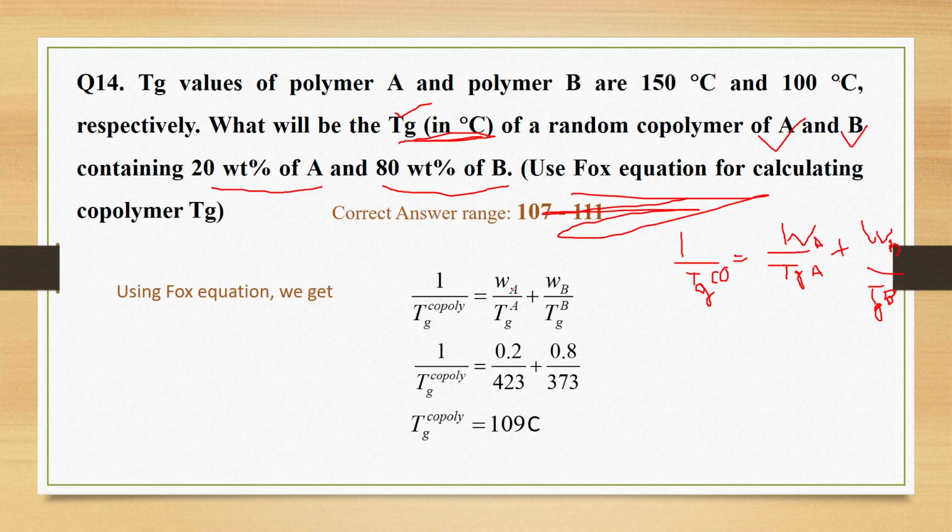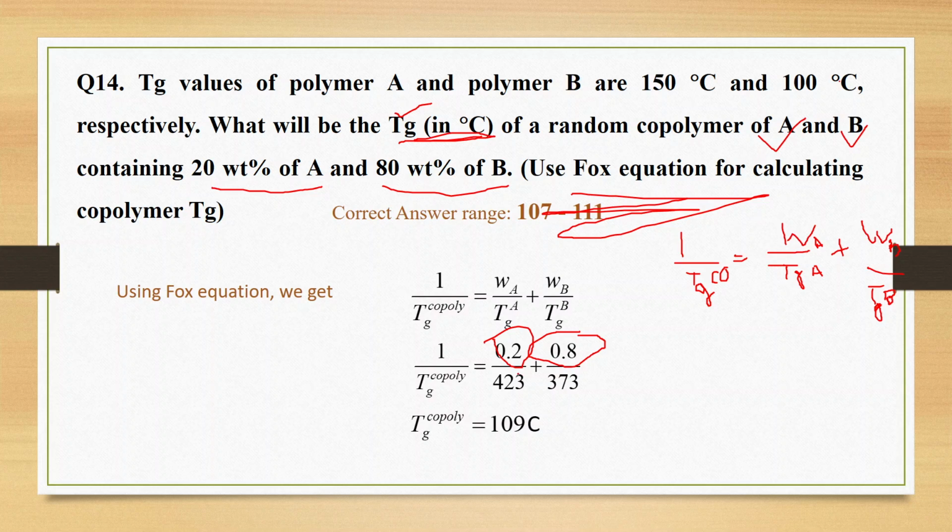Now let us see, the weight fraction of polymer A is 20%, so we can write it is 0.2. Weight fraction for polymer B is 80%, so that will be 0.8. Yes, you have to finally minus 273.